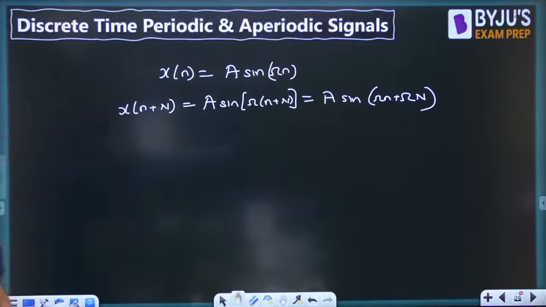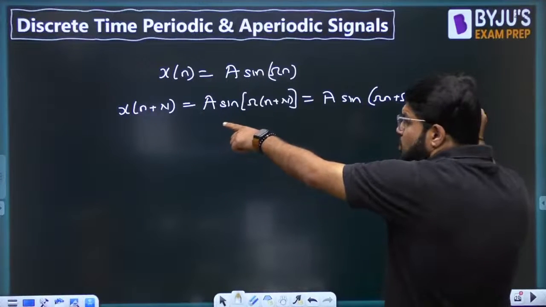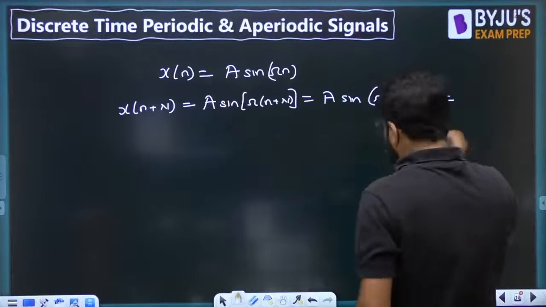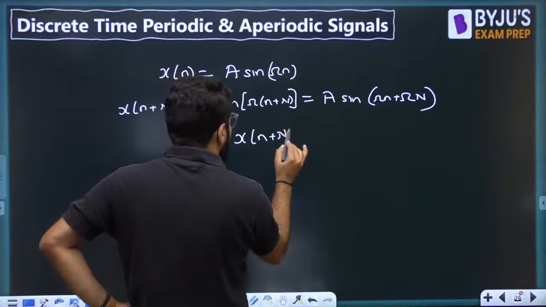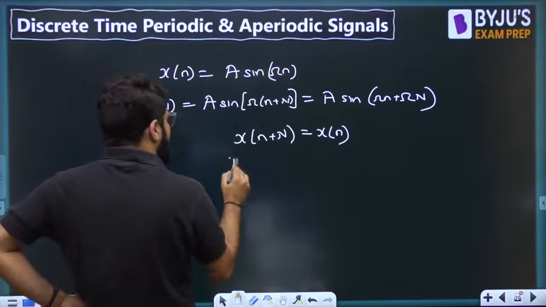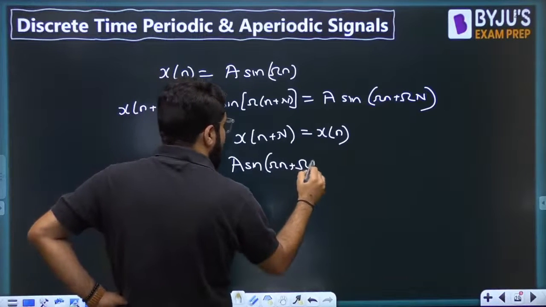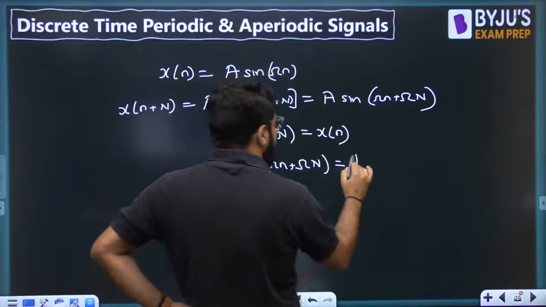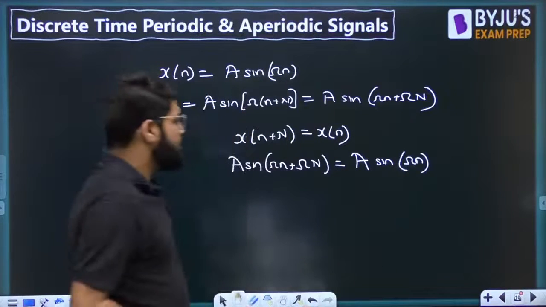Now, if I want this to be equal to x of n, periodicity says exactly that: x of n plus N should be equal to x of n. So A sin of omega n plus omega N is equal to A sin omega n.